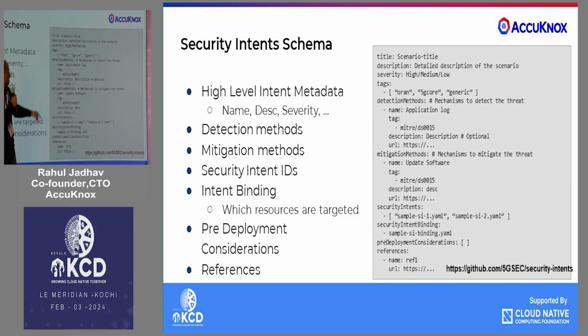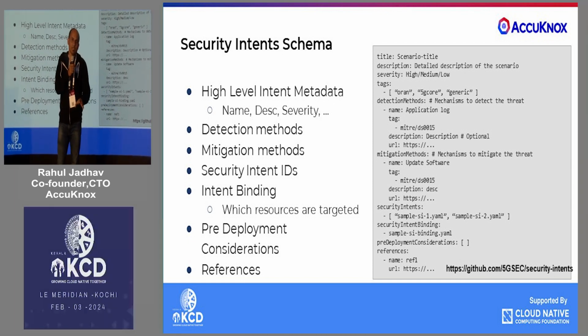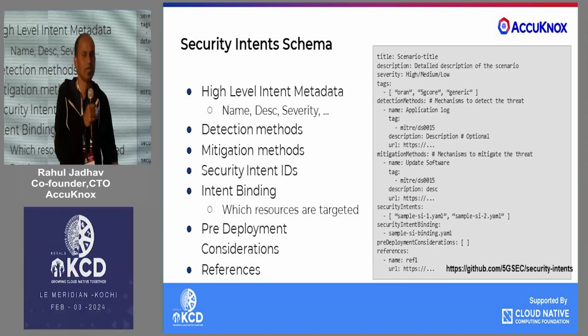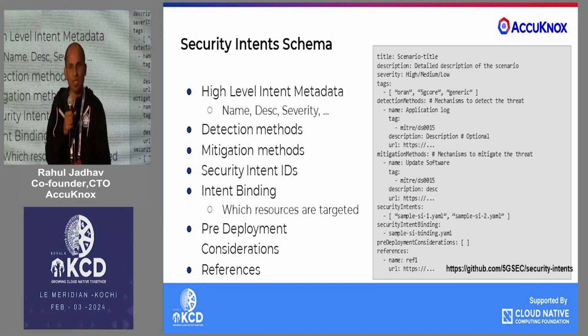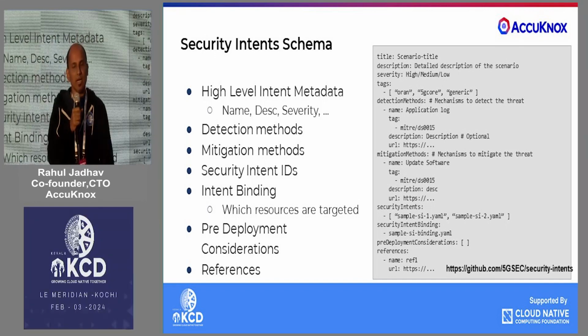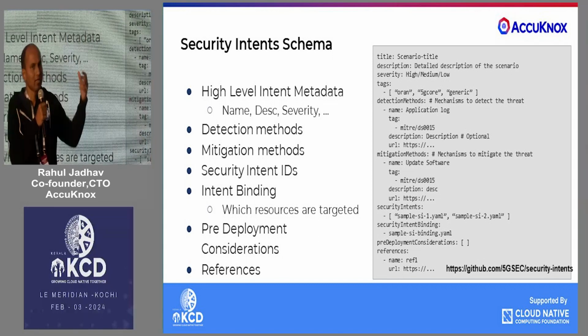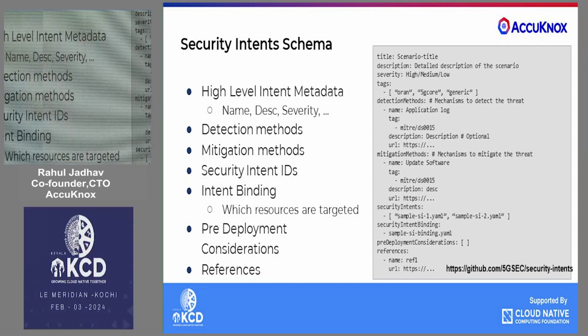The detection methods and mitigation methods are things that we have not innovated. They already exist in a lot of frameworks. For example, the MITRE ATT&CK framework already tells you what the detection method and the mitigation method are in the context of given tactics, techniques, and procedures that an attacker might use. So a lot of that tribal knowledge is getting used in the context of attacks here.